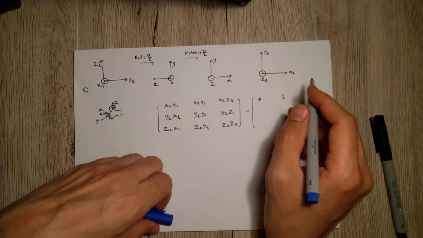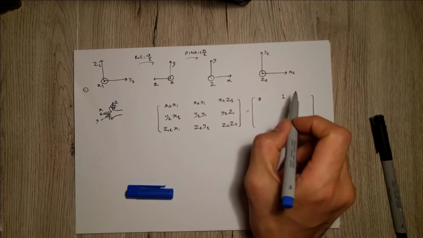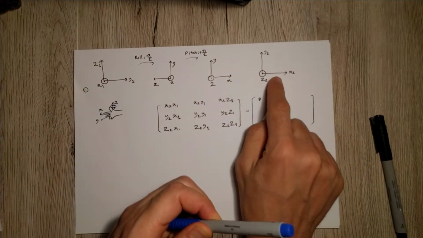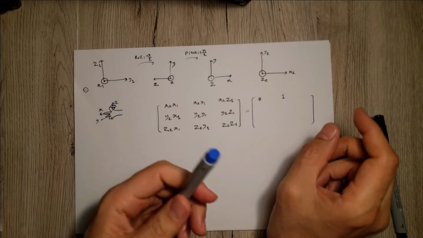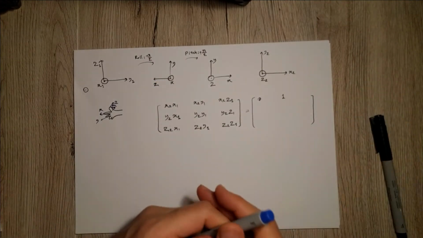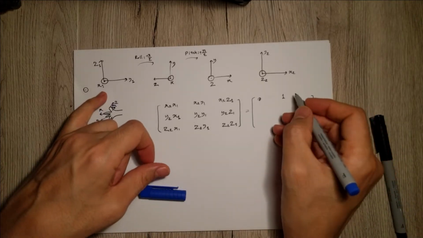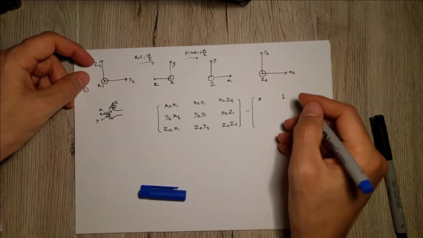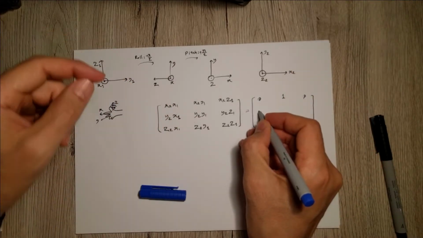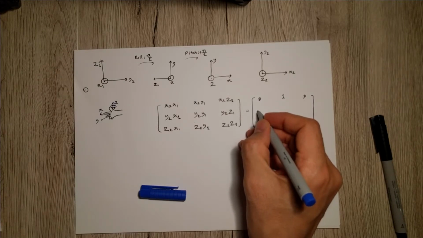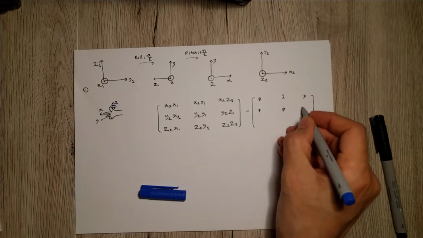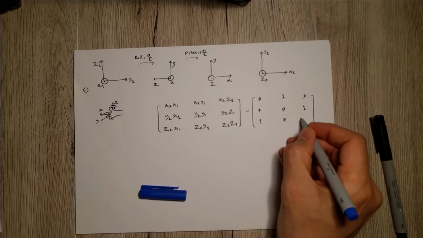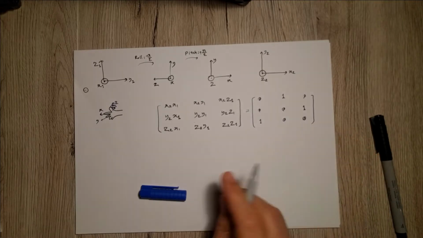And you know that they're unit axes, so the size is 1, so the inner product is only the cosine of the angle, and in this case the angle between the vectors is either 0 or half a pi, so it's always going to be 0 or 1. X2, Z1: X2 is in this direction, Z1 is in this direction, so it's going to be 0. Y2, X1: 0, 0, 1, 1, 0, 0. Okay.